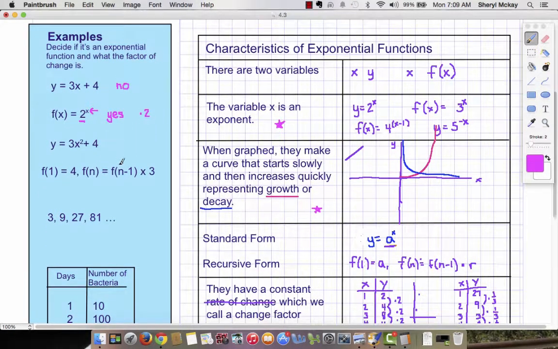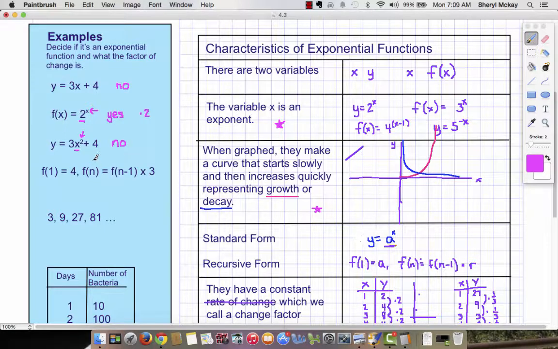Let's look at the next one. y equals 3x squared plus 4. What do you think? Well, you saw that there's an exponent in this one, right? But is the exponent a variable? No. The variable is the base, and therefore this is not an exponential function.